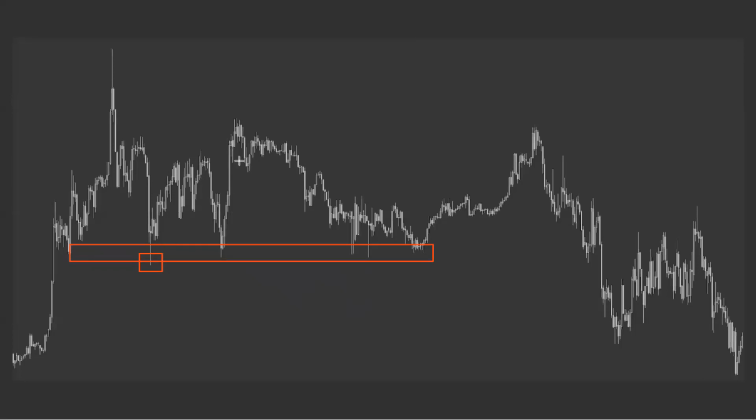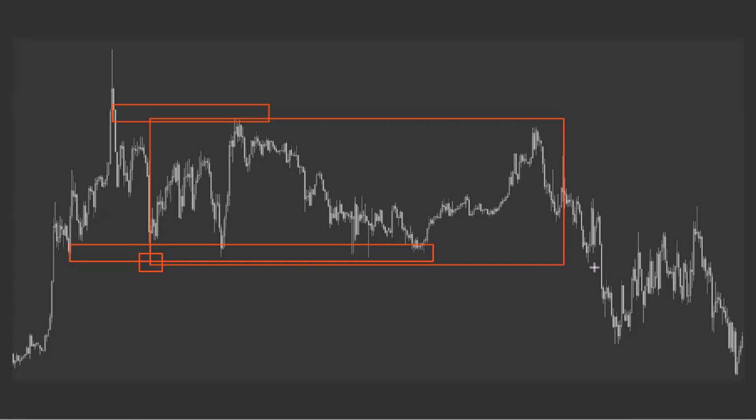Price rallies, responds up here, untested liquidity, before just ranging or consolidating here for a while, and then finally breaking down. Okay, finally breaking down, moves quickly through this gap.